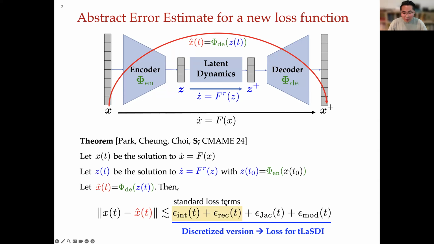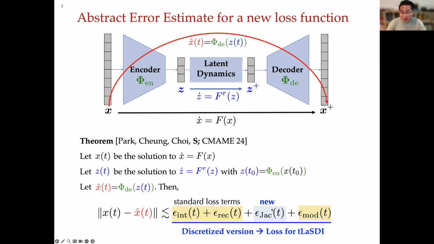Somewhat surprisingly, maybe not, but two of these are actually standard loss terms that people frequently adopt in the literature. Essentially, the reconstruction part is coming from the autoencoder, and the integration term is the standard loss term used in data-driven discovery of dynamical systems. The modeling error was also proposed before.